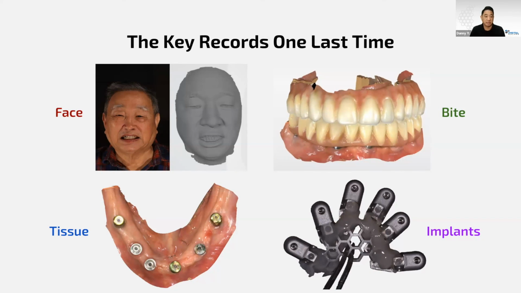And all of those things that we were talking about, all those alignment scans, that is a digital workflow. That's what you will often learn when you go to these educational courses, is all these different ways that you could bring these four critical records together.